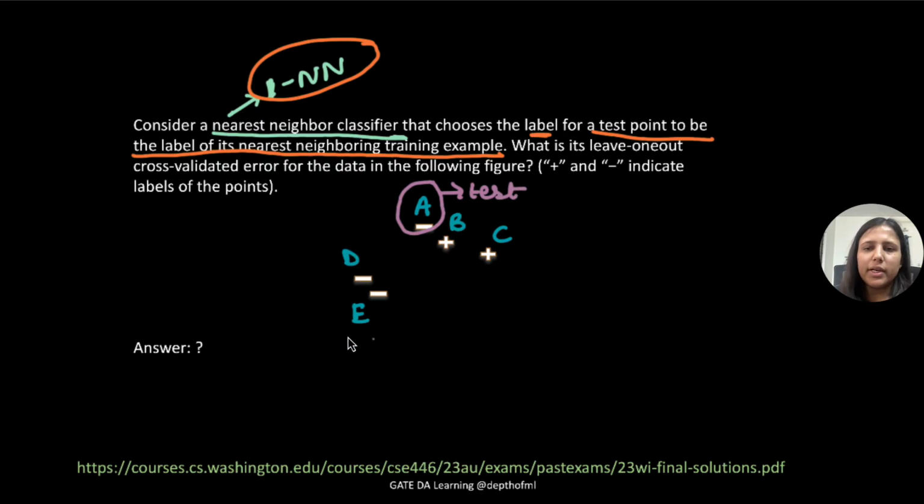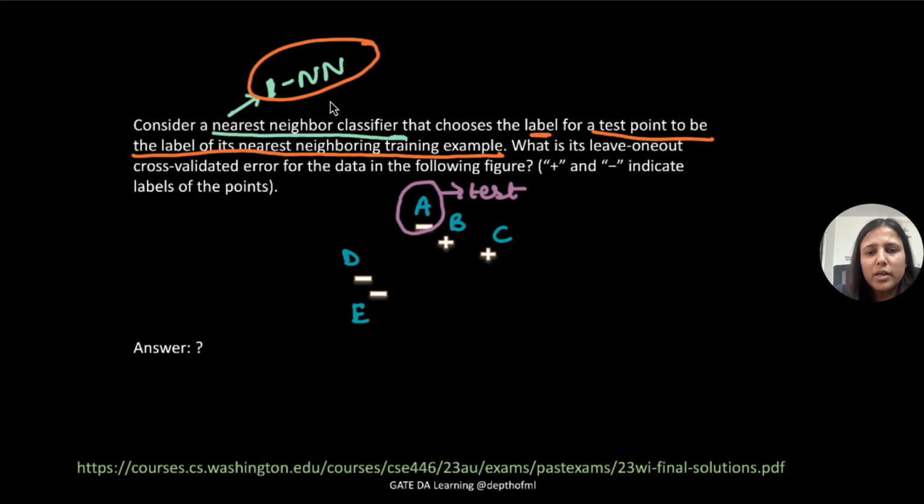When we are training a nearest neighbor classifier, you actually don't learn any parameters. Your training data is your model. Whenever a data point comes in, you look for the nearest sample, the nearest neighbor in the training data, and according to that you mark the test point.